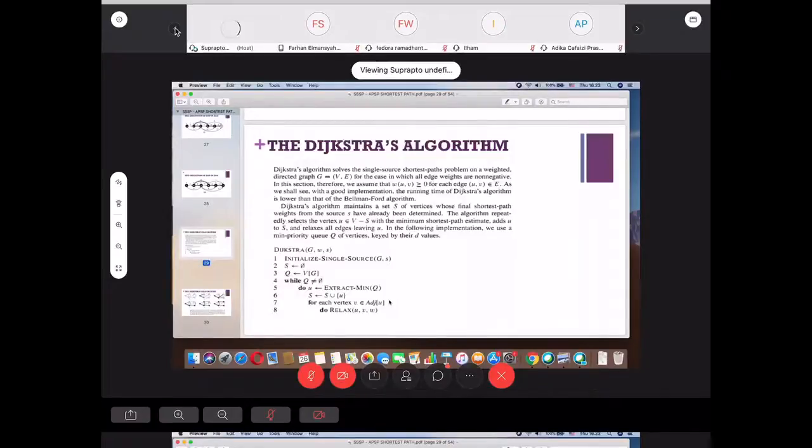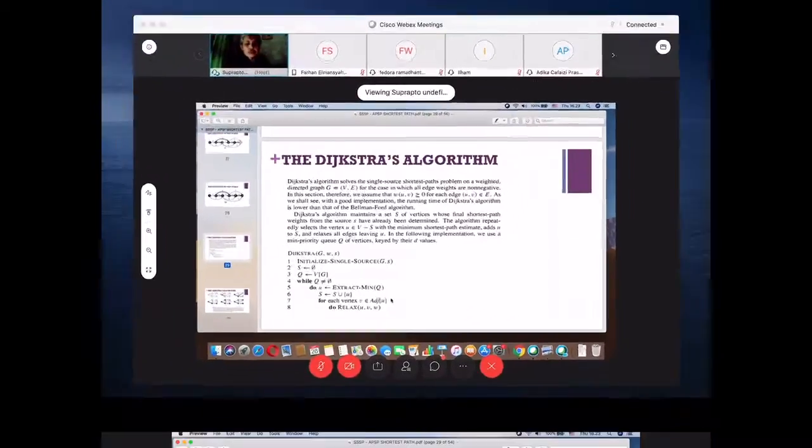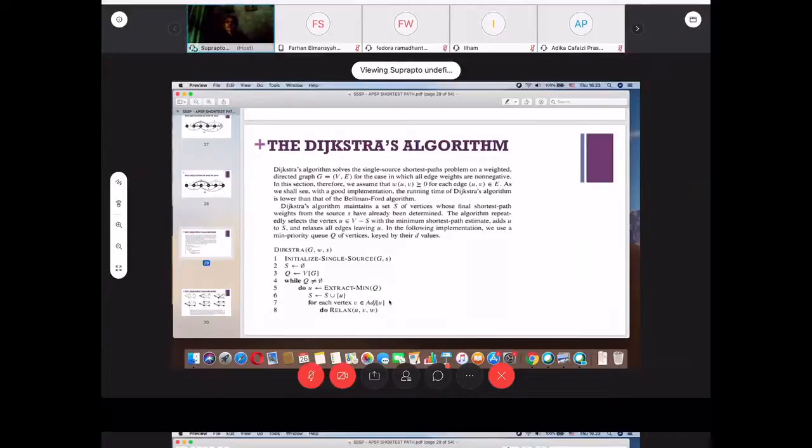So it's set to the empty set, and the Q. Well, this is a special kind of Q, sometimes called a priority Q, because each element of the Q has an associated value, the priority according to which it is accessed.